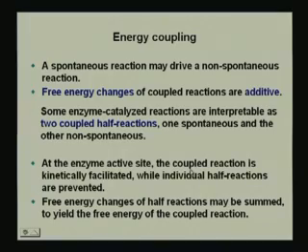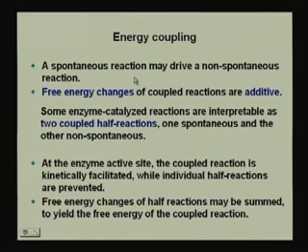Now, at the enzyme active site, the coupled reactions are kinetically facilitated, which means they go at a specific rate, but the individual half reactions are prevented. You do not have just a certain half reaction go on, but when the enzyme active site has both the reactants, there is a coupled reaction that goes on, and the free energy changes of the half reactions are summed to yield the free energy of the coupled reaction, which usually gets to a spontaneous reaction, a negative value.